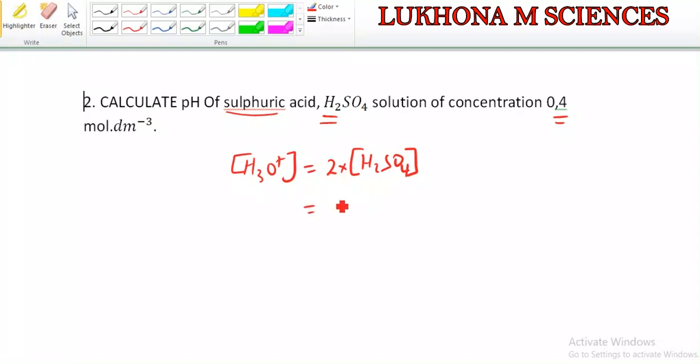The concentration of sulfuric acid is this one, which is 0,4. Then we get 0,8 mole per dm cube.